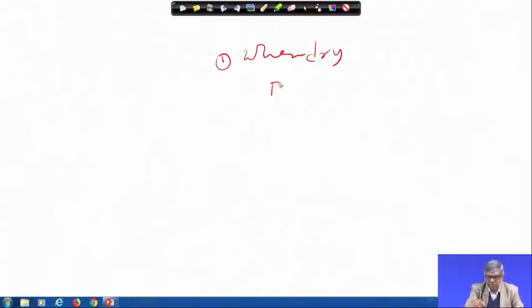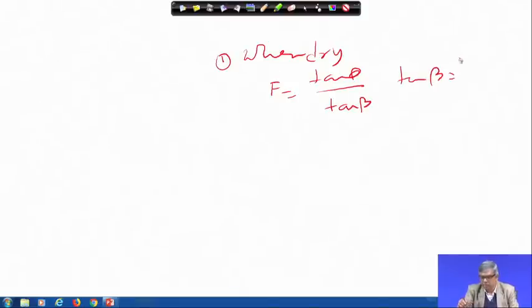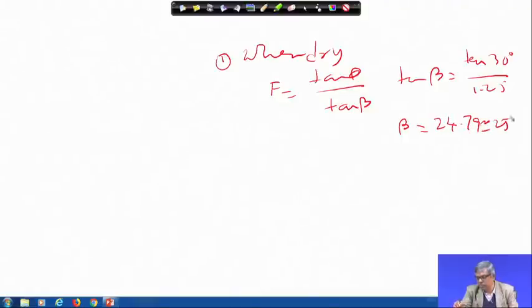In the first case, when dry, your F equals tan φ by tan β, so tan β will be tan 30 divided by 1.25. From here I will get β equal to 24.79 degrees, equivalent to 25 degrees.